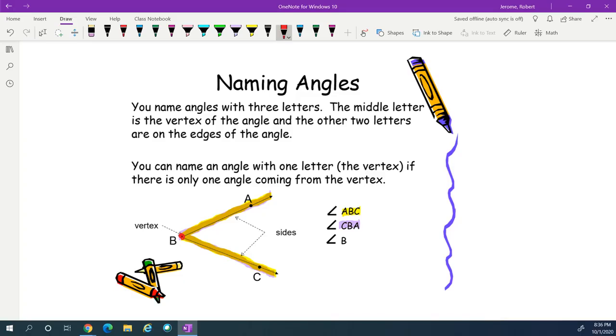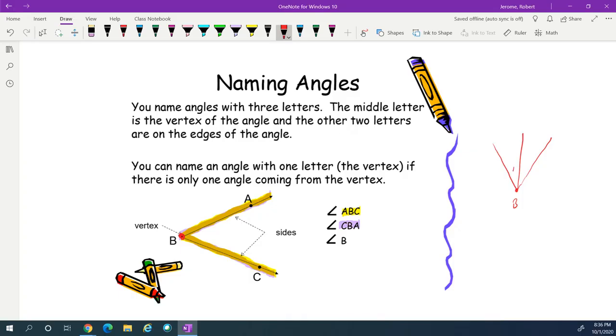Now, we can call it angle ABC, angle CBA, or finally, in this example, we could call it angle B. And the reason is because there's only one angle that comes out of point B. For example, if our picture looked like this, and that was point B, if I said look at angle B, you wouldn't know which angle I'm talking about.